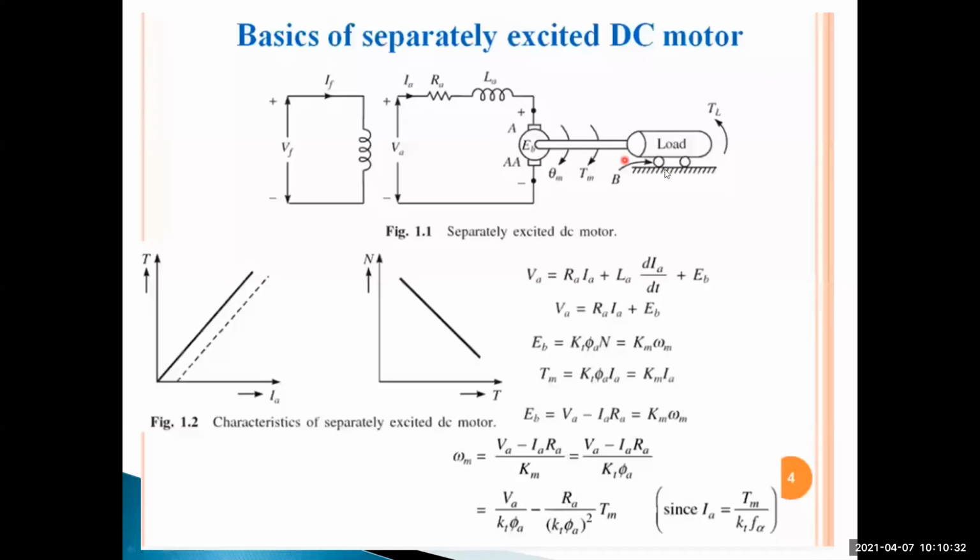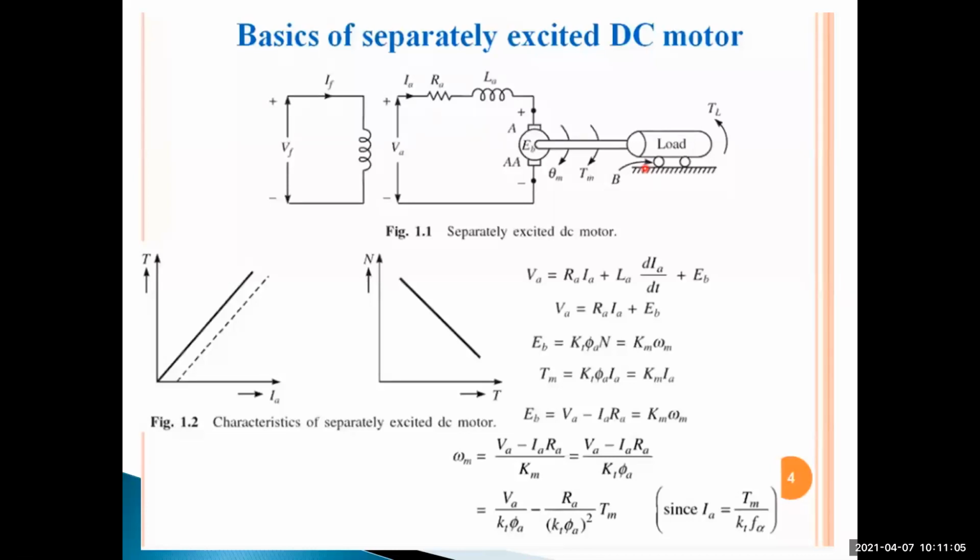In power semiconductor drives, there are only two motors: separately excited DC motors and DC series motors. By using these two motors, we have to discuss the controlling methods in the first unit: separately excited and DC series motor, by using a single phase semi converter fed, single phase fully converter fed, and similarly three phase semi converter fed and three phase fully converter fed.